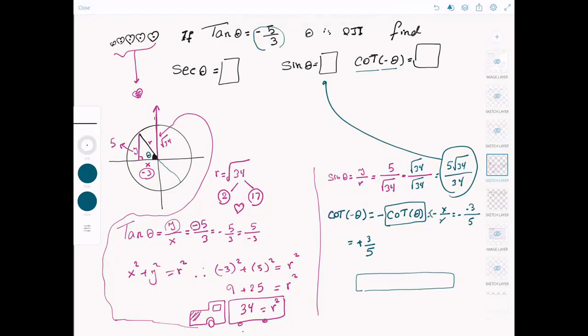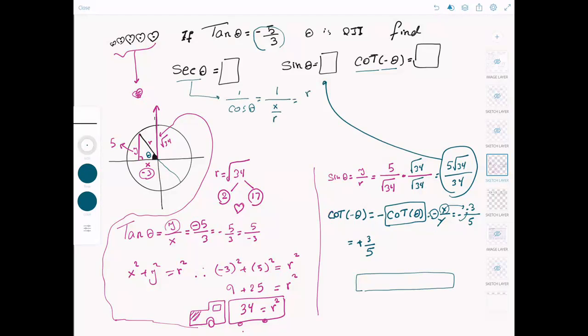So there is a negative here. X is negative 3, so I put negative 3. Then we have negative, negative, it will be positive. What is secant? Secant is 1 over cosine of theta. Cosine of theta is x over r.